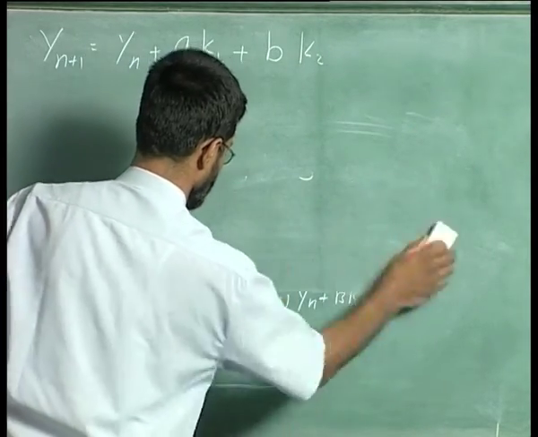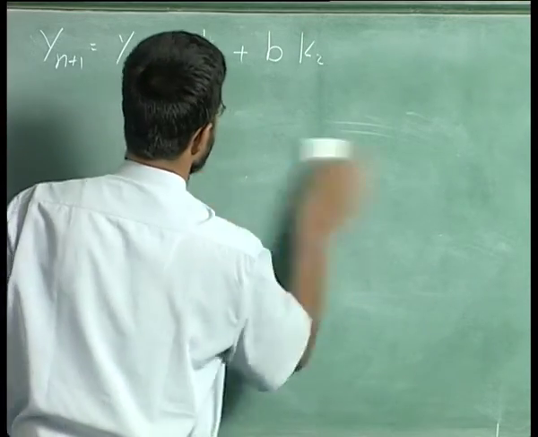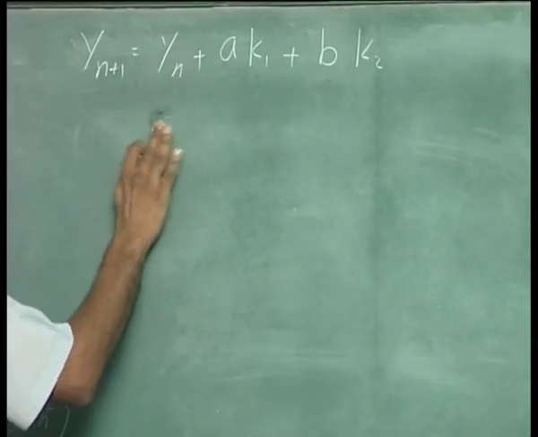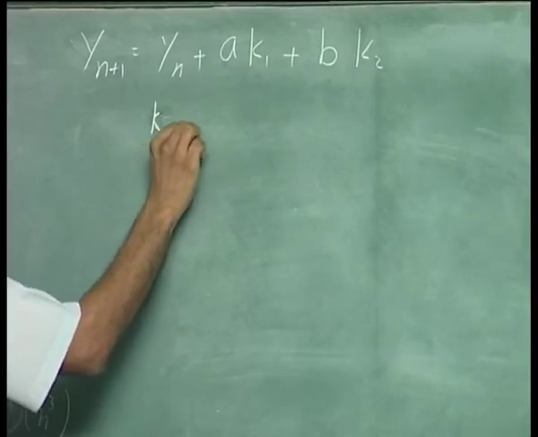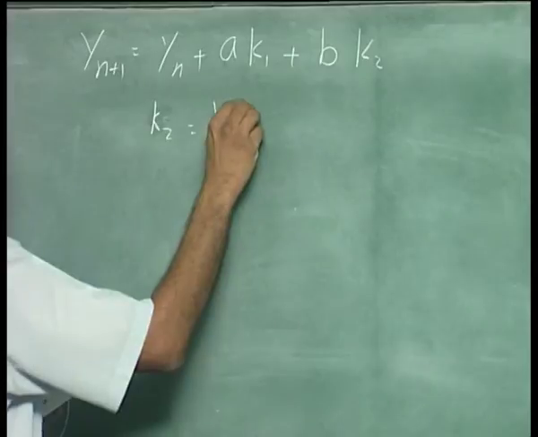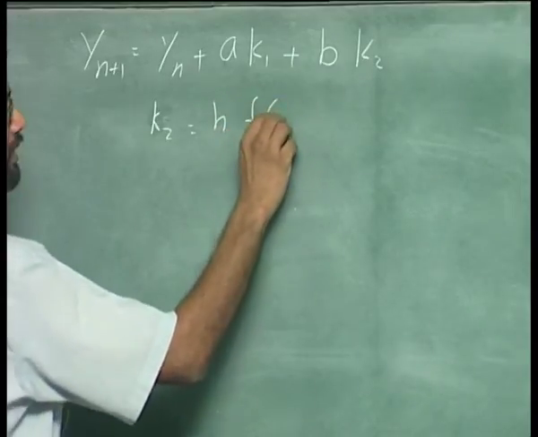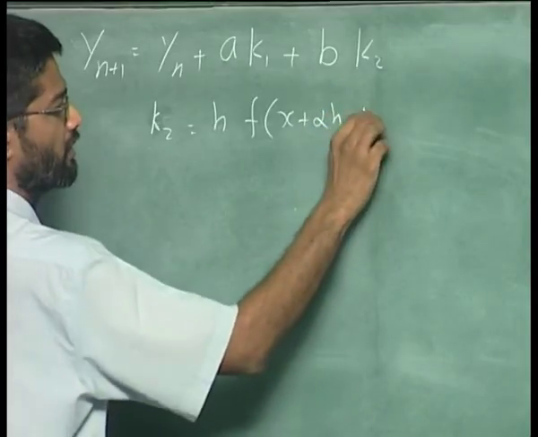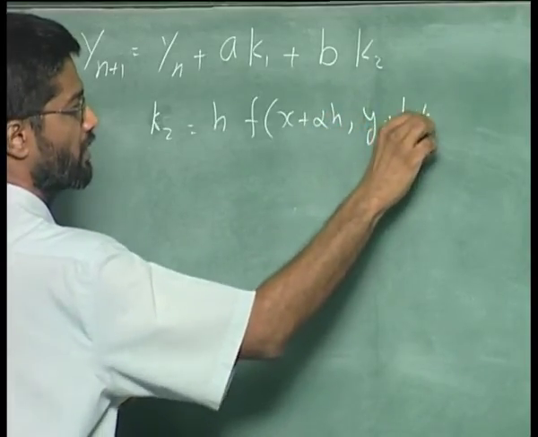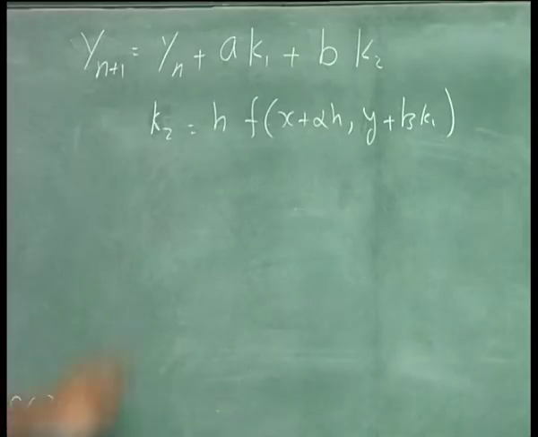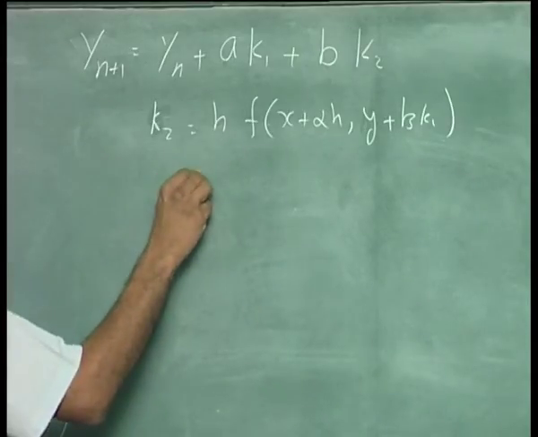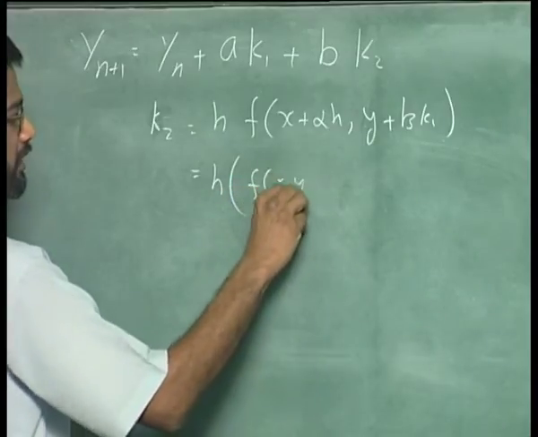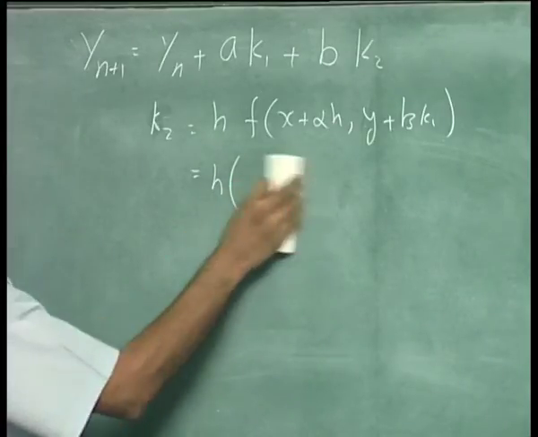So k2, remember, is given by h into f at x plus alpha h comma y plus beta k1. Now I can expand this and write it as h times f at x comma y, that is f. So f at x comma y I call this f.